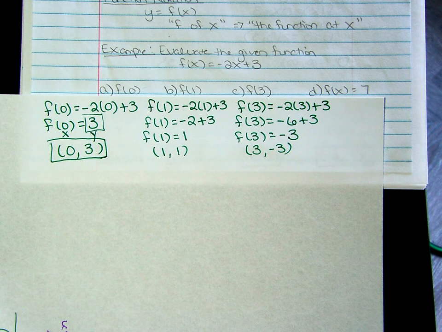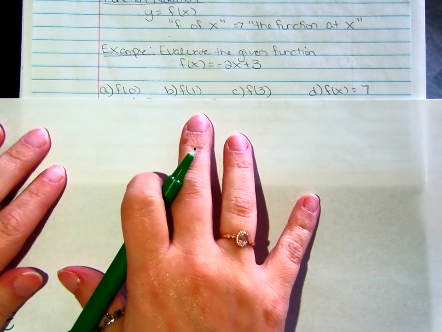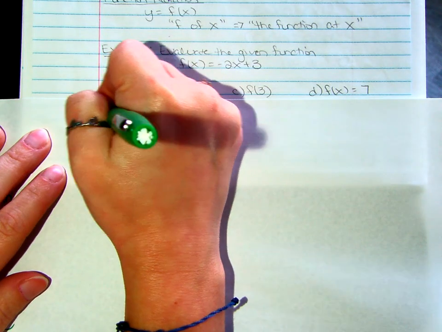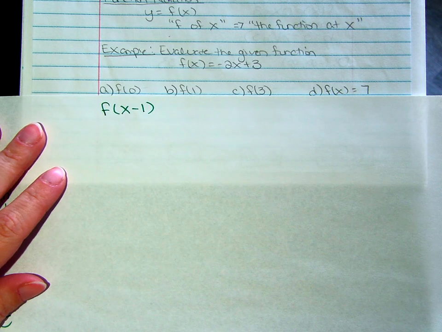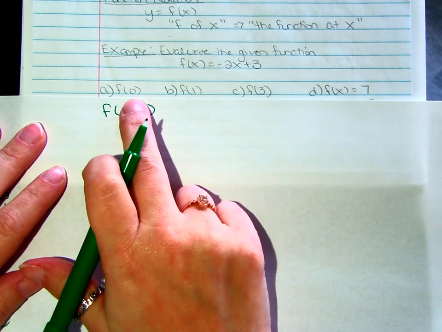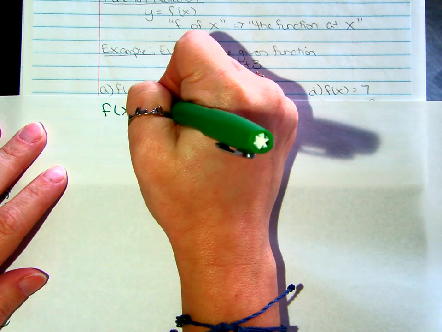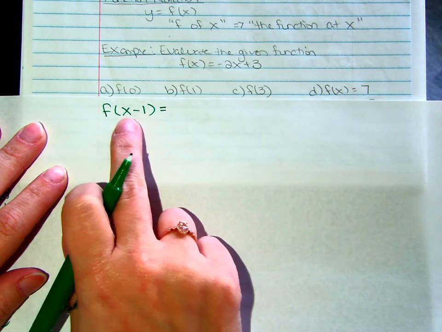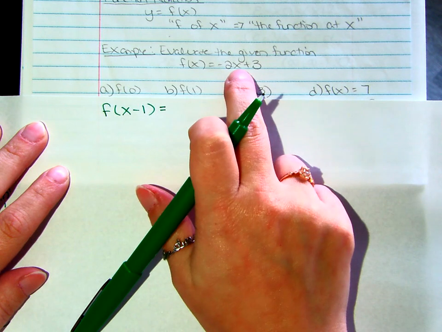Yep, I'll show you one. I don't know if you encounter one or not, but I will show it to you. Let's pretend it said find f of x minus 1. We don't do this any differently than we do f of 0. Anywhere in our function that we have an x, we're now going to put whatever is inside of here. So now it says x minus 1, so that's what we're going to put in place of x.